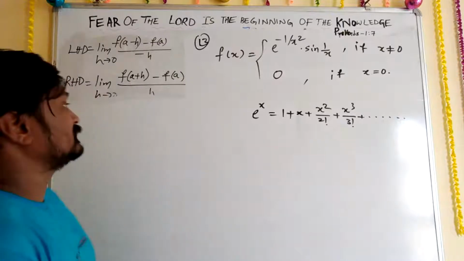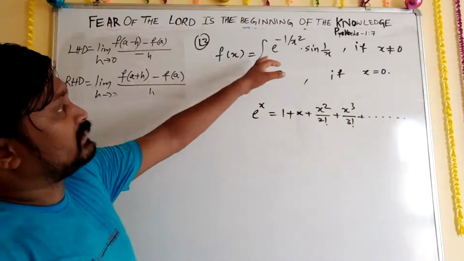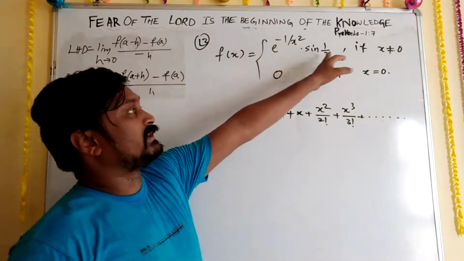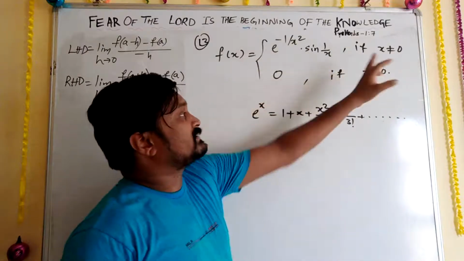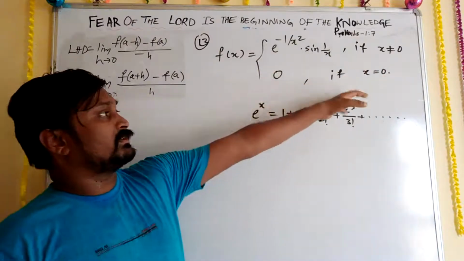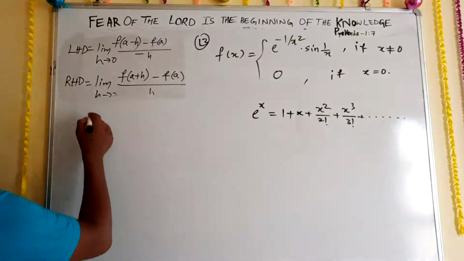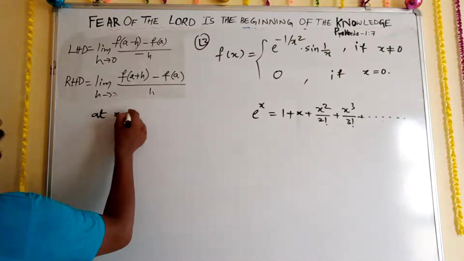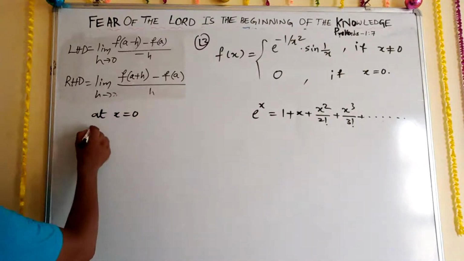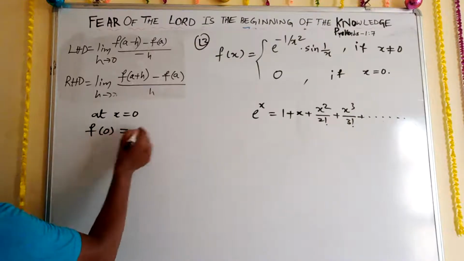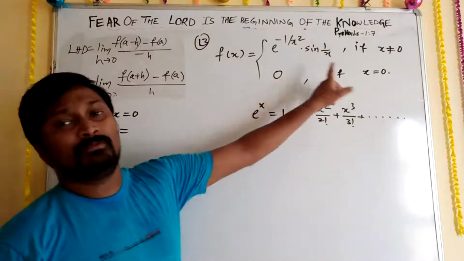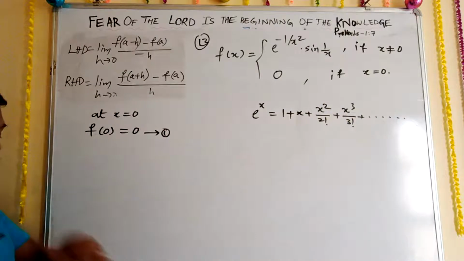Okay, right. So now f of x is equal to e power minus 1 upon x square into sine 1 upon x if x is not equal to 0, and equal to 0 if x is equal to 0. So now at x is equal to 0, we have to find it. First, f of 0 is equal to 0, already given here as equation number 1.